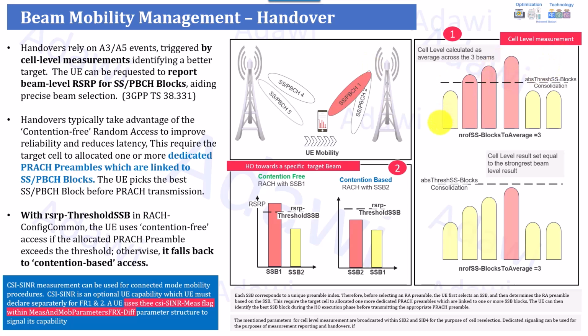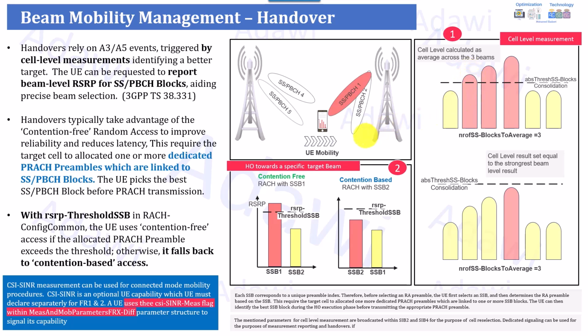Now there is another important piece of information the GNB and the user need to know. For example, the handover during the execution phase is going to be done either contention free or contention based, which means based on a dedicated preamble or a non-dedicated preamble.